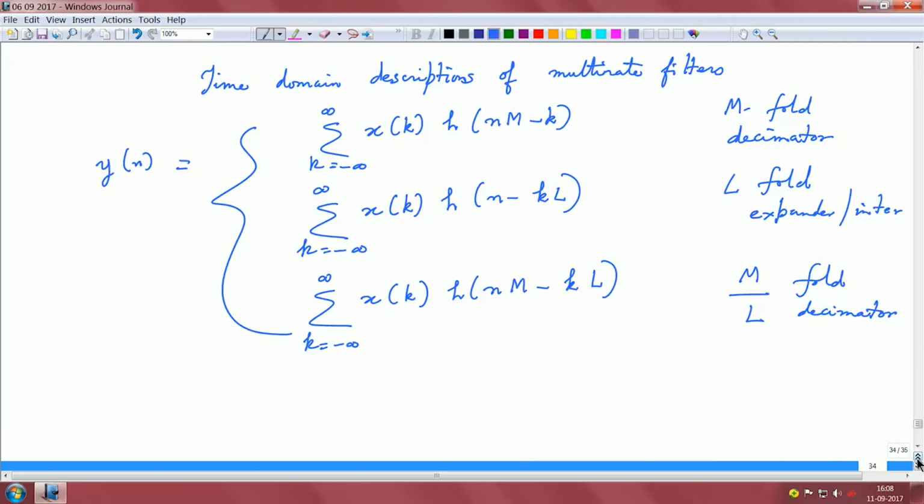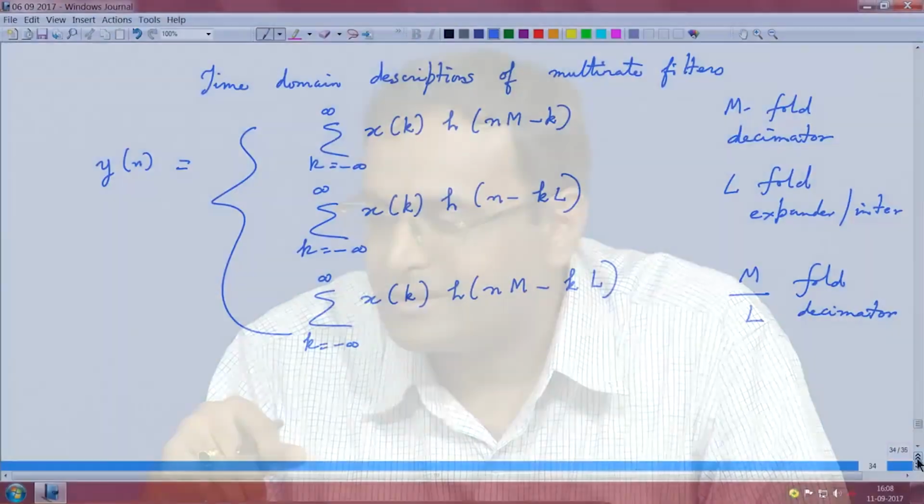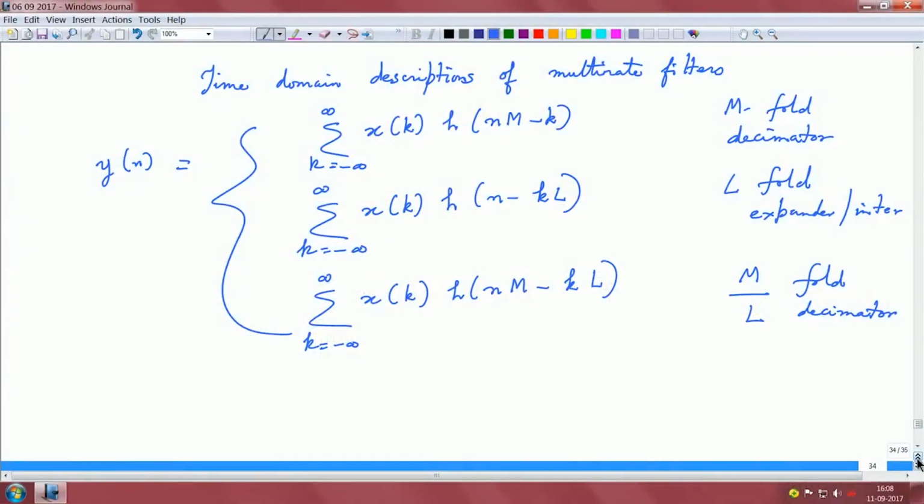We filter followed by downsampling, or we upsample and then follow this with a filtering operation, or we do an m by L decimation post filtering. So these are filtering operations that we do, and one has to interpret this h of n as the impulse response of that filter that governs multirate operations that either precede or follow the sampling rate conversion operations as the case might be.